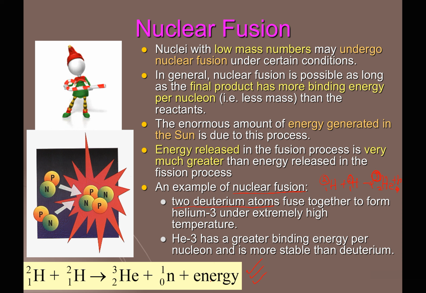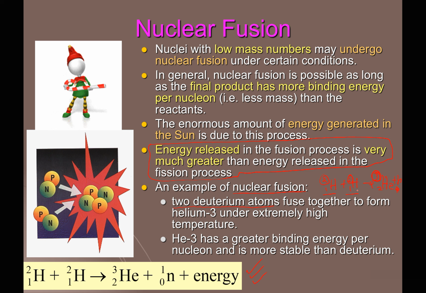Unfortunately, there is a problem with deuterium nuclei. And what is that problem? This explains the statement which I made that energy released in the fusion process is very much greater than energy released in the fission process. I will explain that in more detail later on. However, also note that the deuterium nuclei are both positively charged.